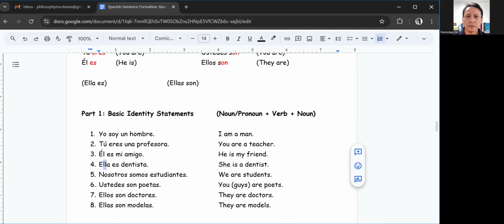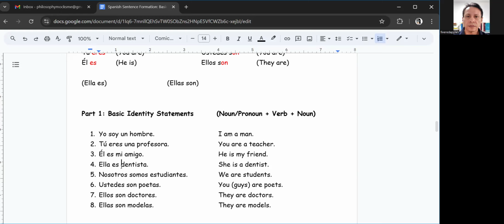It's harder. Ella, ella. Okay. So ella es dentista. In Spanish, we can say una dentista. We can put the article, but with professions, it's not necessary, right? So I can say ella es una dentista. I can say that, it's perfectly okay.